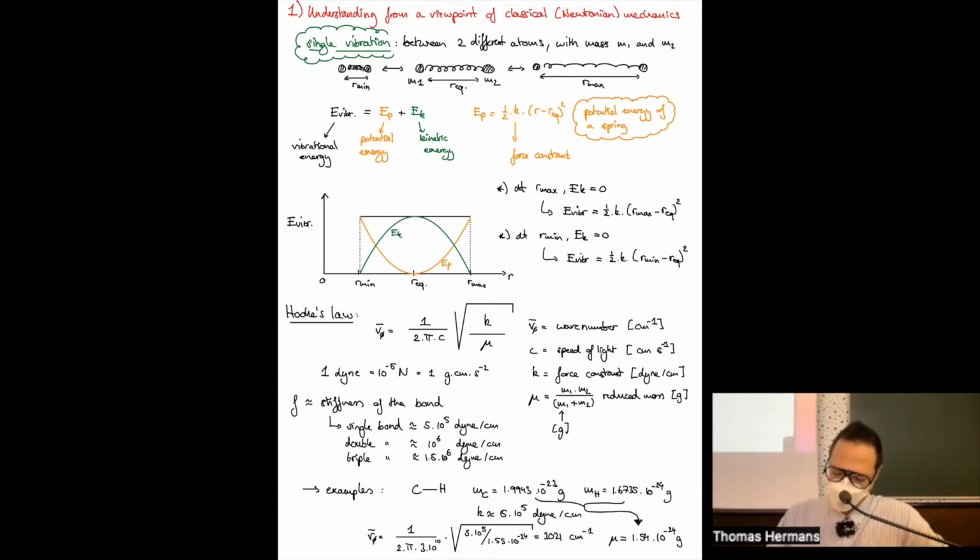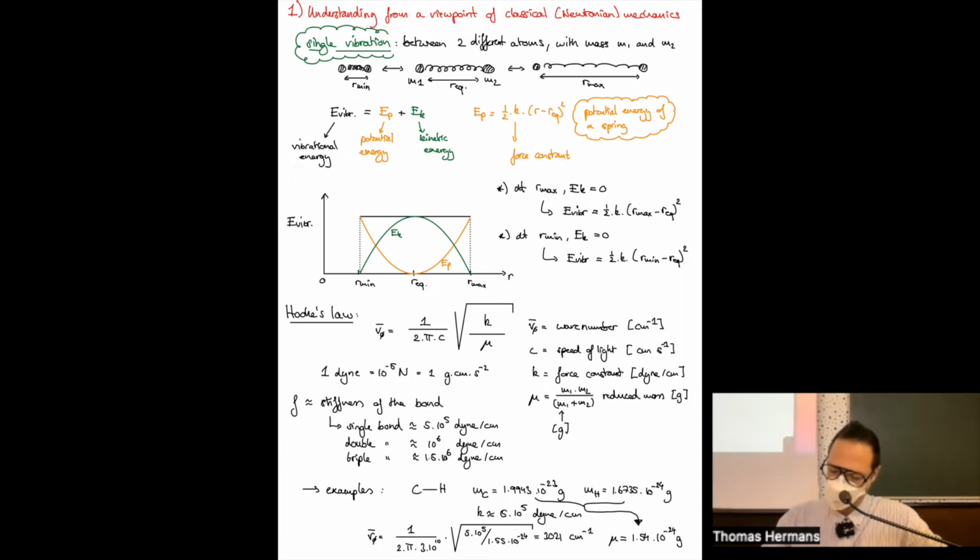So when I put zeros, I put a little stripe through it to make sure it's a 0 and not an O. So nu bar 0 is 1 over 2 times pi times the speed of light times the square root of k over mu. Okay, so what are all these things?